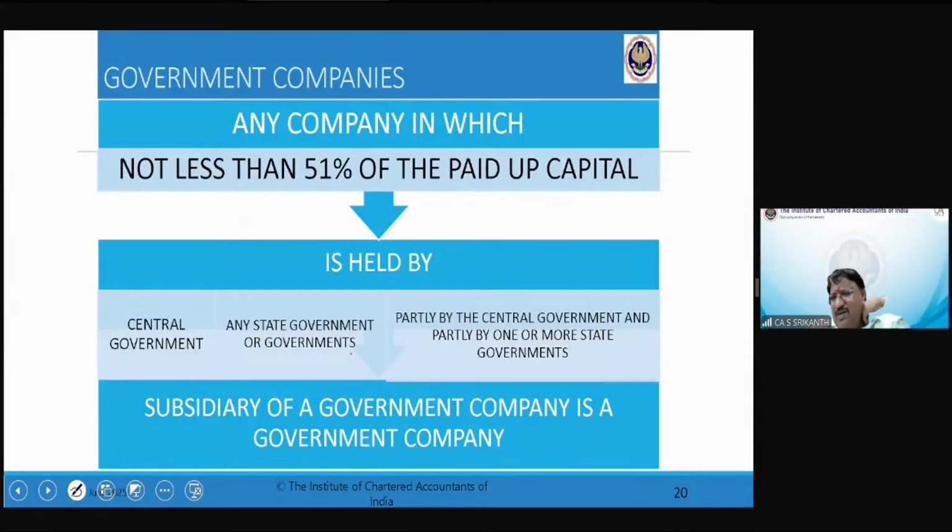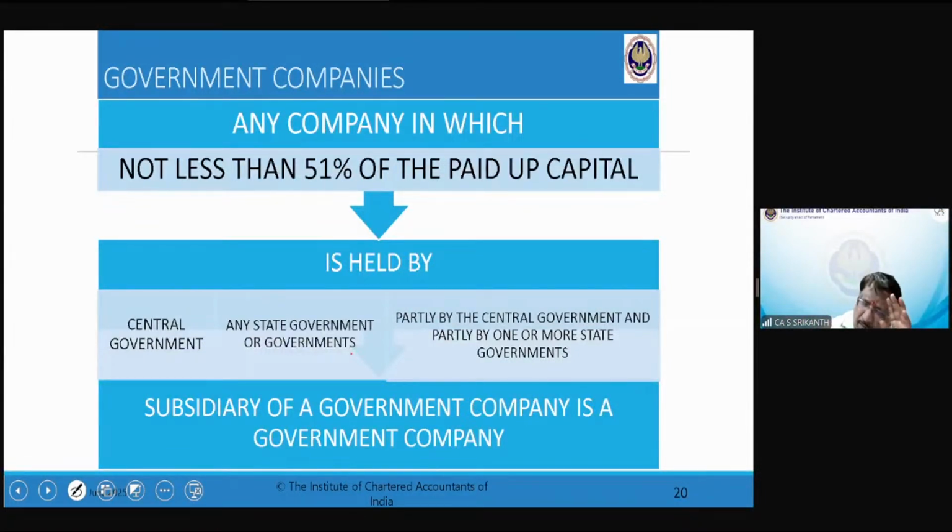Government company. Lastly, another combination, partly by the central government, partly by one or more state governments. So central government 30%, Maharashtra government 20%, Gujarat 20%. No problem. But note it, only government. Government should hold not less than 51%.